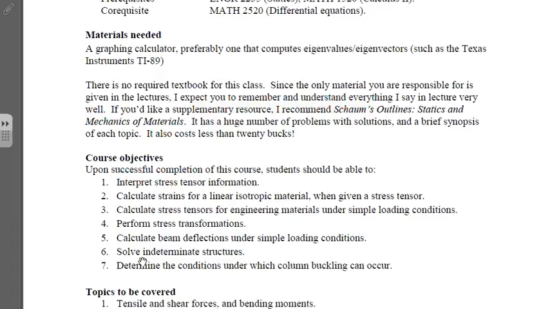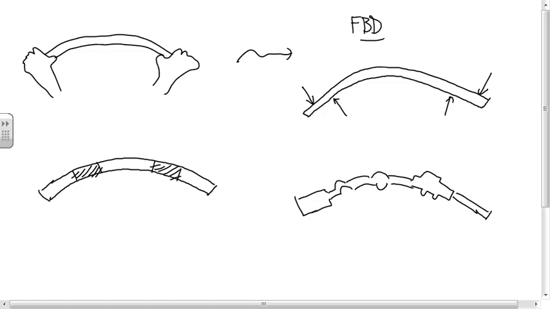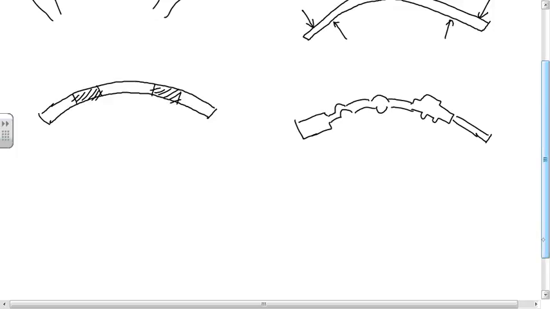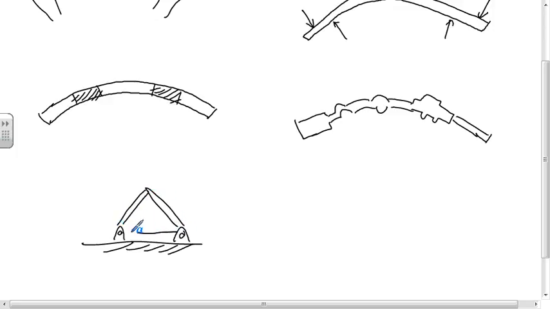The way that might come about is, here's an example of a statically indeterminate system. So you have two pin joints and a structure like this, and some load is applied to it.